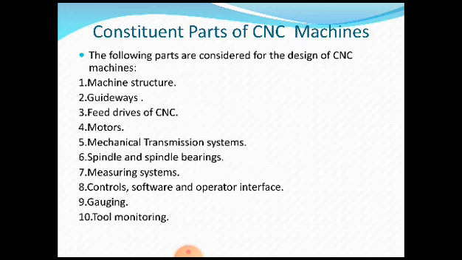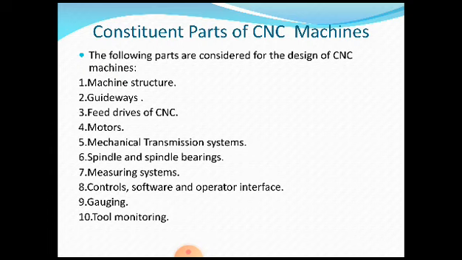And let us understand what are the constituent parts of the CNC machines. As I have just informed, we need to understand that nearly about 10 different elements or components are incorporated in any type of CNC machine.